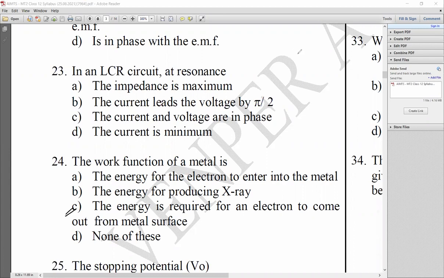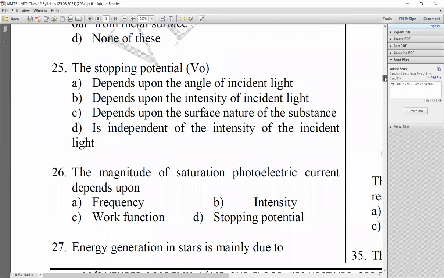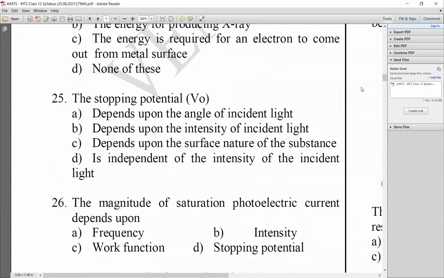Next, 25. Stopping potential. What is stopping potential? Stopping potential V naught depends on the angle of incidence of light? No. Depends on the intensity of incident light? No. Photocurrent depends on intensity, whereas stopping potential depends upon the frequency, the energy, of light which is being incident.